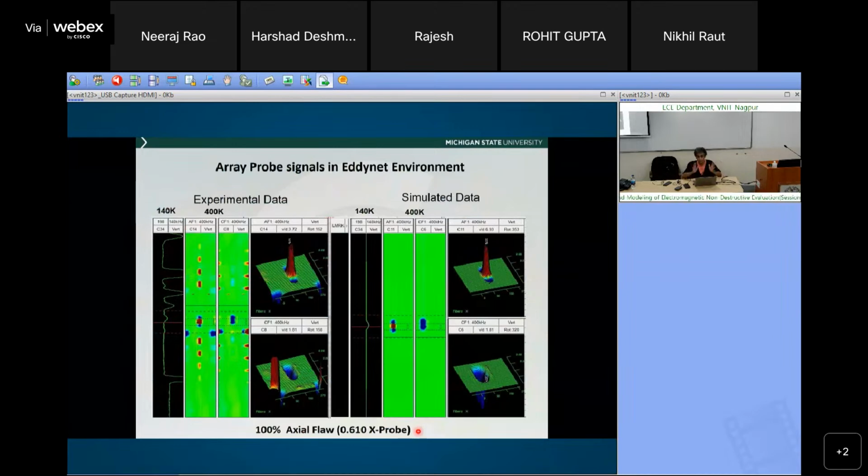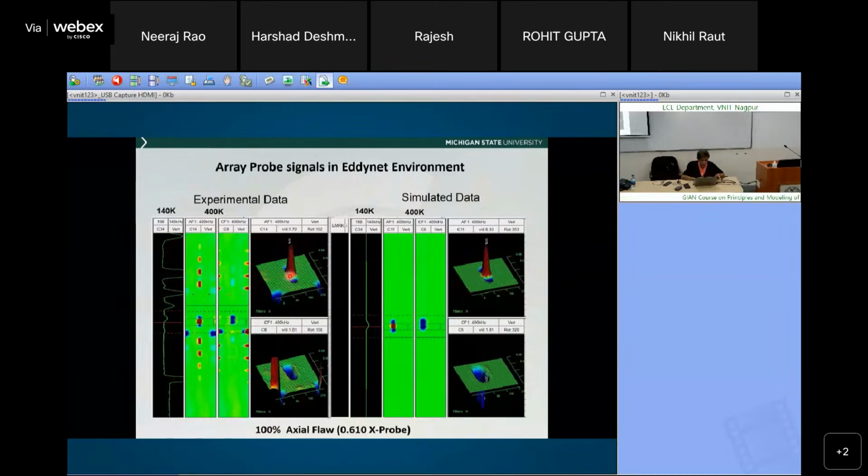And this is the array probe, the third kind of probe, and this is a 100% axial notch. So it's like a half-inch notch which is through the whole wall. When I say 100%, it is percentage of the wall thickness, so 100% means it is through the entire thing. These are the three-dimensional plots.